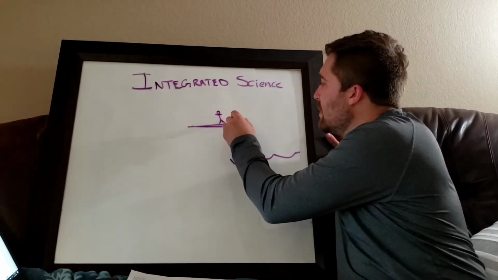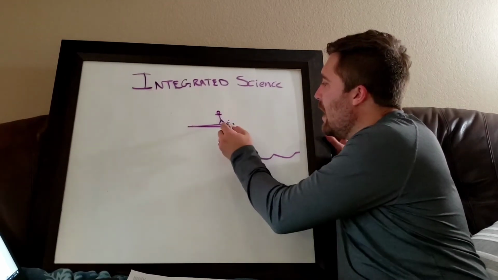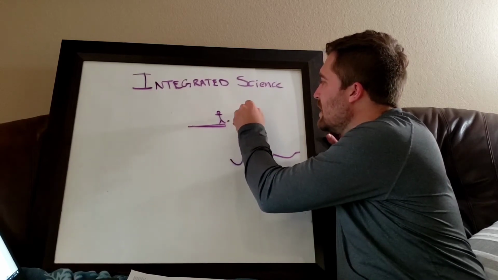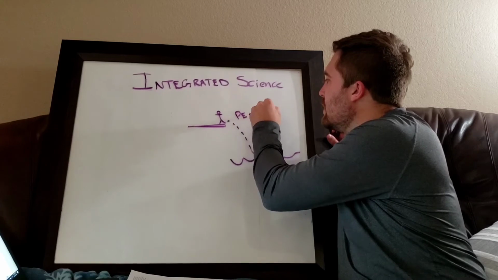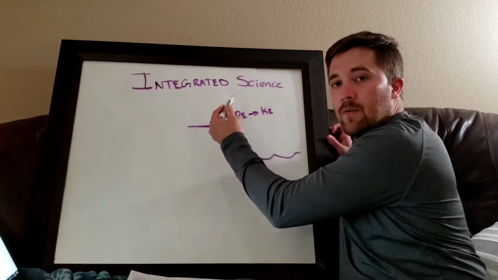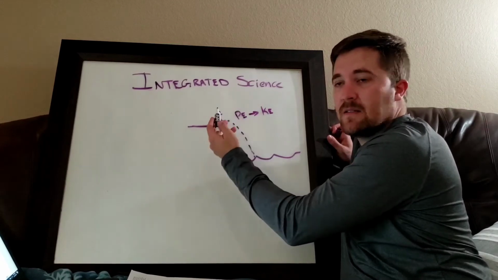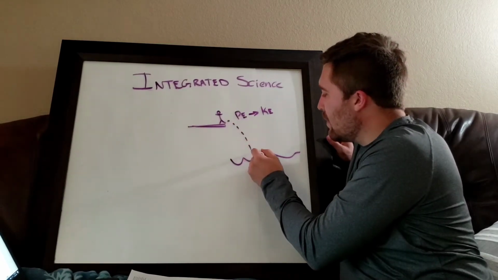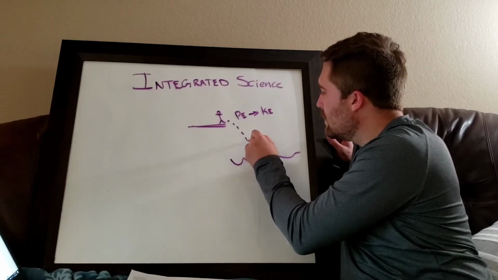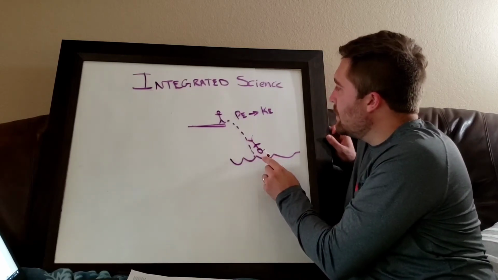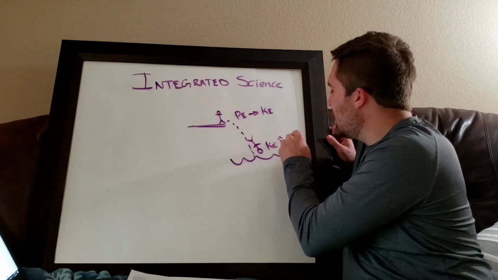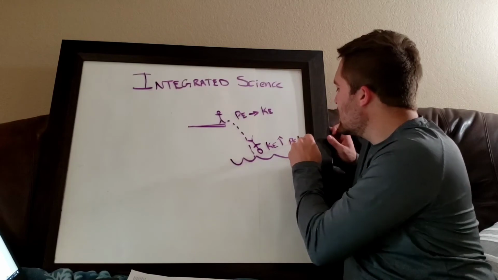When we jump into the water, every millisecond that we're falling, our potential energy is being converted to kinetic energy. Up here at the top, when we're not moving, our potential energy is at its highest. When we're going our fastest, right here at the bottom, our kinetic energy is at the highest and the potential energy is at the lowest.